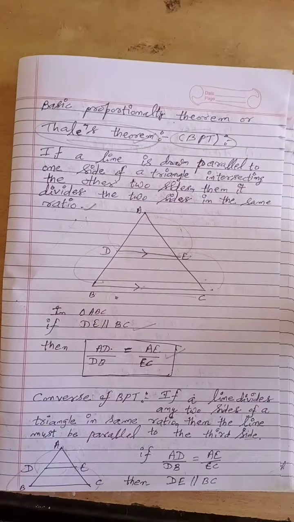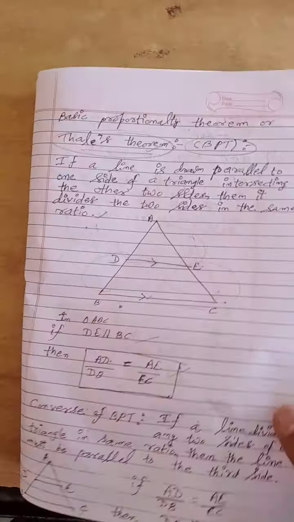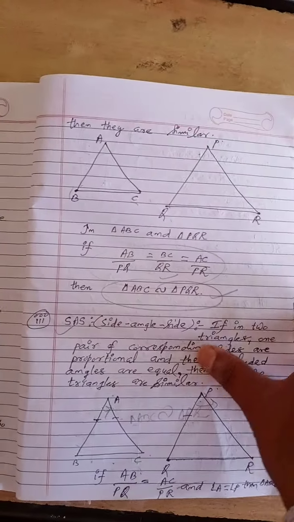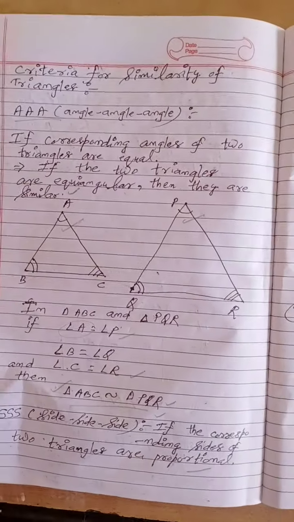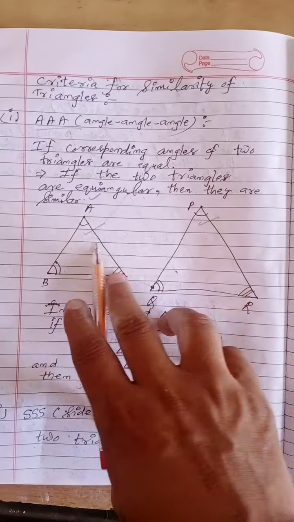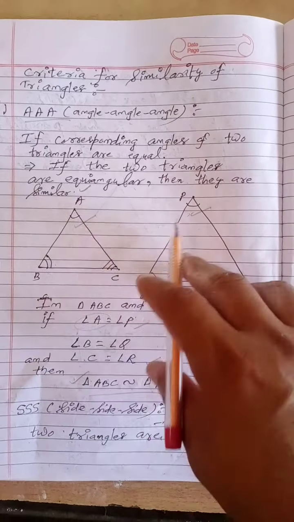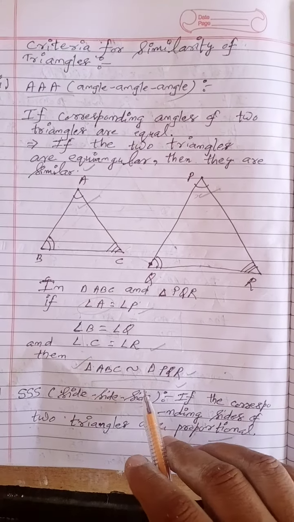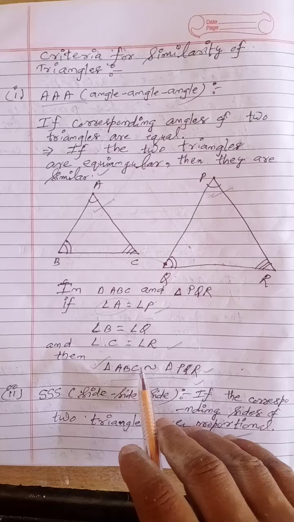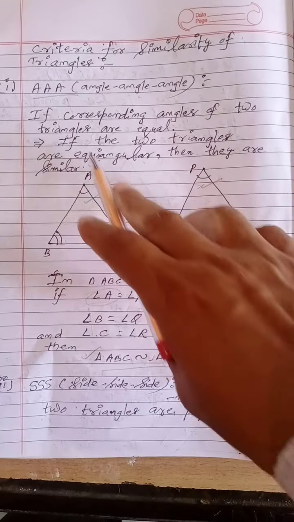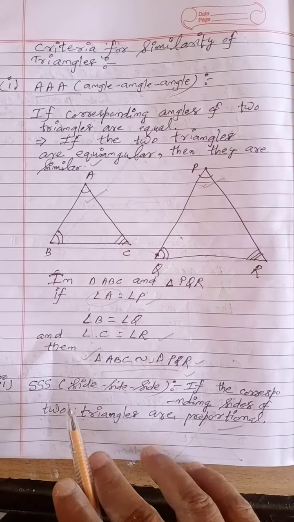And what are the criteria of similarity? There are four criteria for similarity. First criteria is AAA. If two triangles have three angles equal, then their corresponding sides will automatically be proportional and they will be similar by AA criteria. Second, we have SSS.